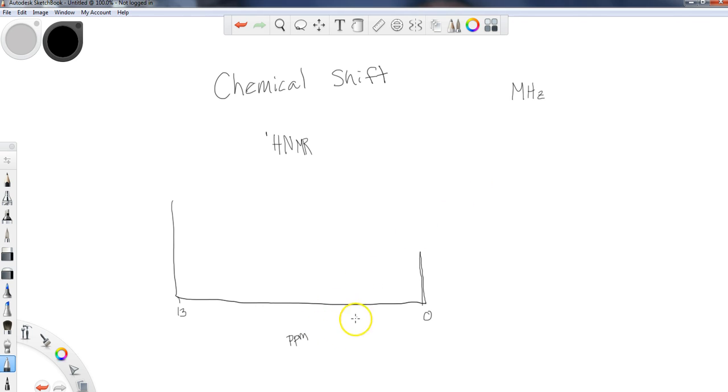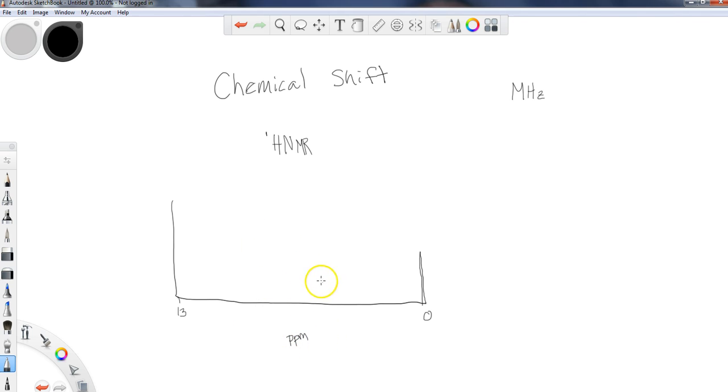One set of nuclei could appear in one area on a 200 megahertz NMR and in a slightly different area on a 500 megahertz NMR. Doing parts per million gives a general scale that everybody can use interchangeably. So that's why you're going to see ppm down here.